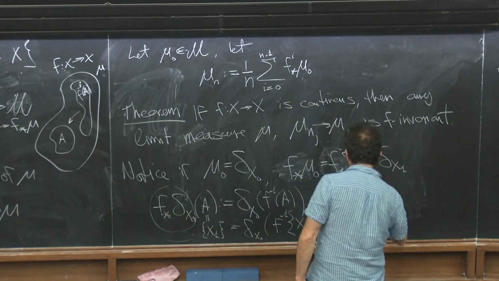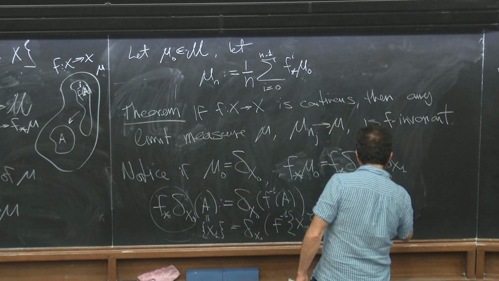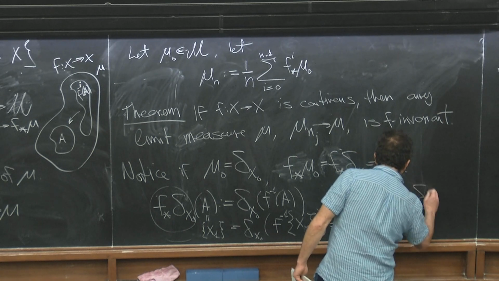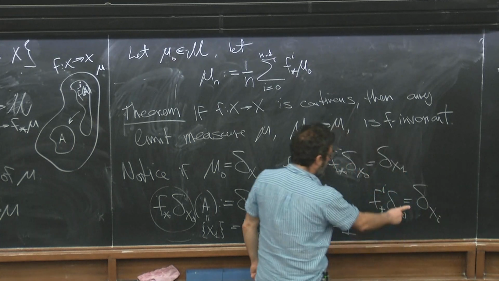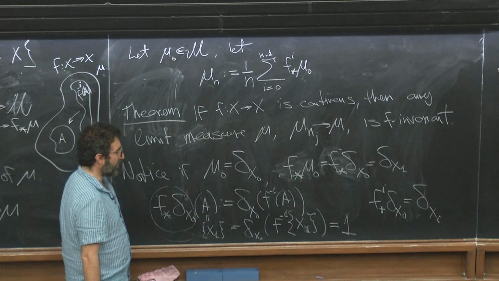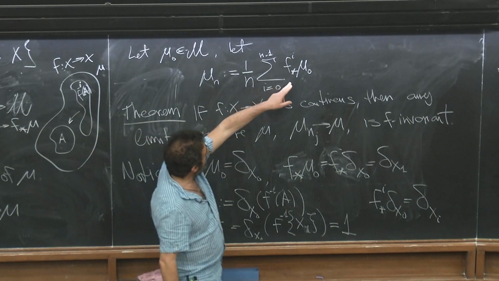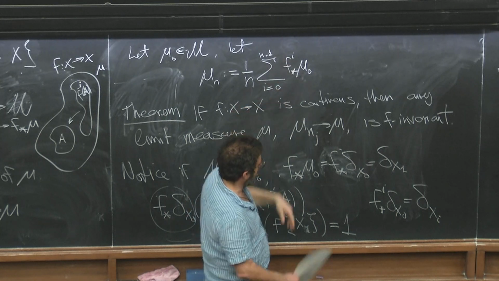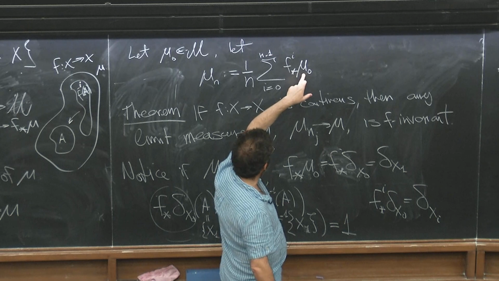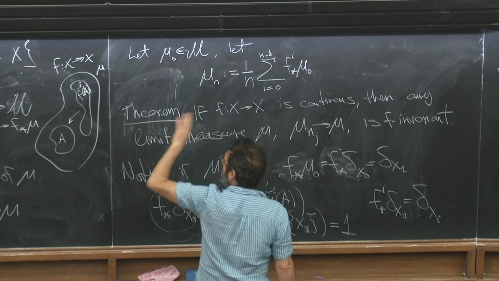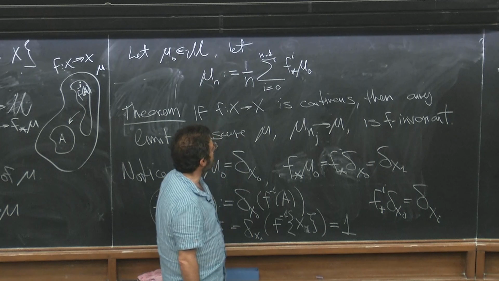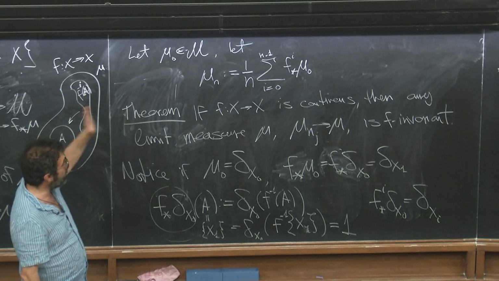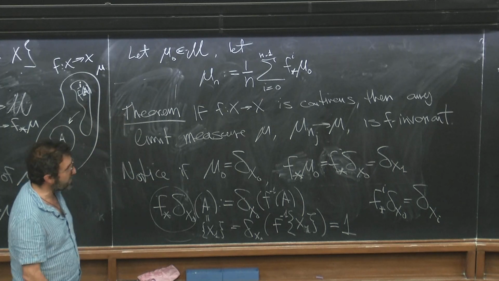So in general, we have that fi star of delta x0 is exactly delta xi, where xi is the image under fi of x0. So we will get exactly that same average that we had before. So this is the theorem we really want to prove. The one we had before is a special case of this.